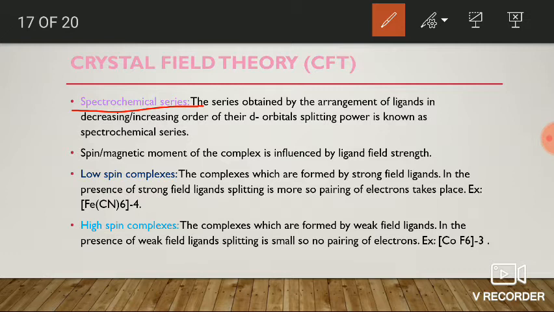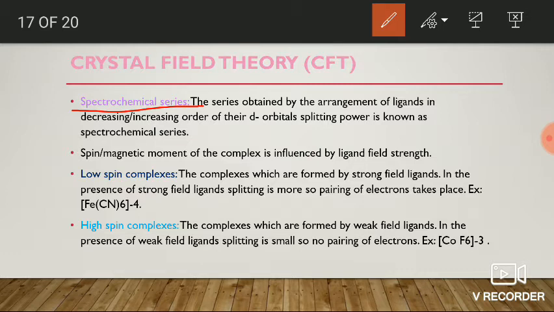Based on their splitting energy values, the ligands are classified into mainly two types: strong field ligands and weak field ligands. The other ligands present in between these two types are generally known as borderline ligands.